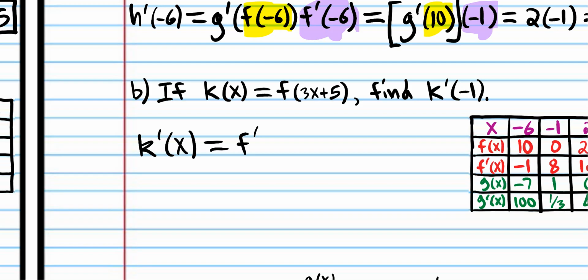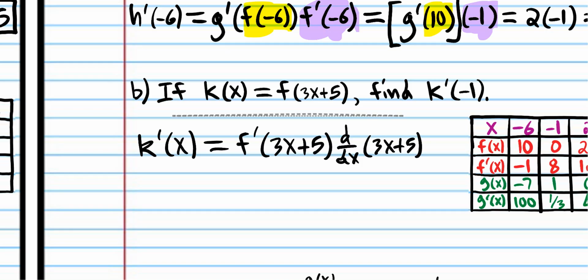So that's just f prime. The second step of the chain rule is to keep the inside function. Don't do anything with it, just keep it there. And the third step of the chain rule is to find the derivative of the inside function and then multiply that by everything that we just found. So the derivative of 3x plus 5 is 3.